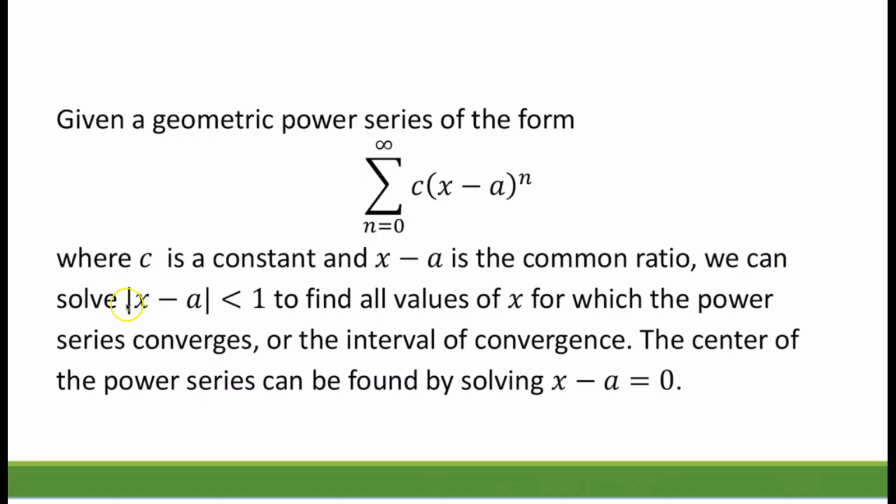We can solve the absolute value of x minus a is less than 1. So we're solving when the common ratio is less than 1 to find all values of x for which the series converges. We have a special name for that. It's called the interval of convergence. If we want to find the center of the power series, that can be found by solving x minus a is equal to 0.